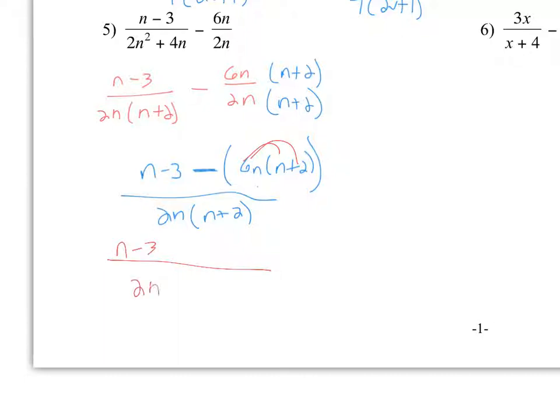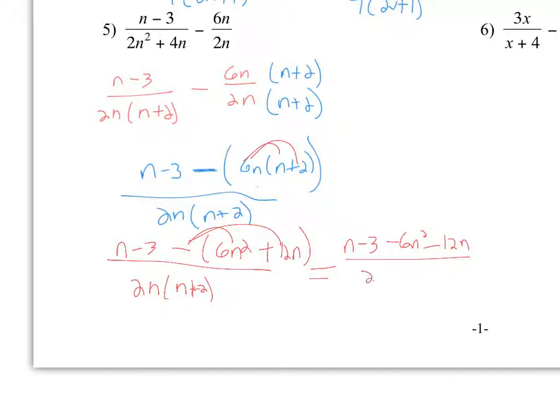I'm going to keep the 2n times n plus 2 on the denominator, and I've got subtract 6n squared plus 12n, and then that's going to get a negative associated with it. So my simplified version is going to be n minus 3 minus 6n squared minus 12n all over 2n times n plus 2.